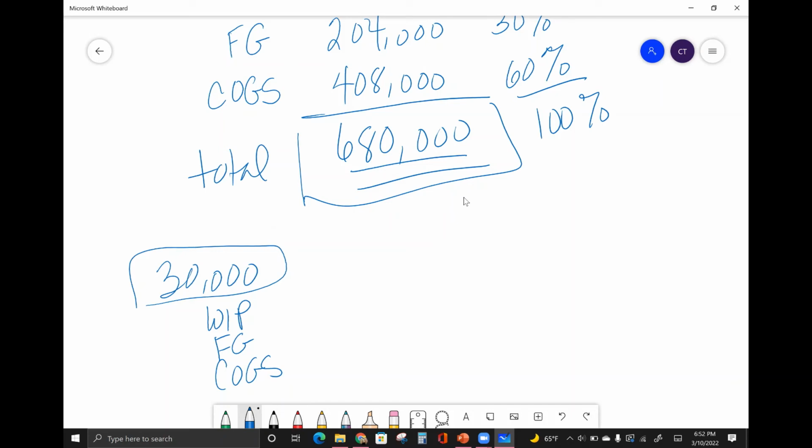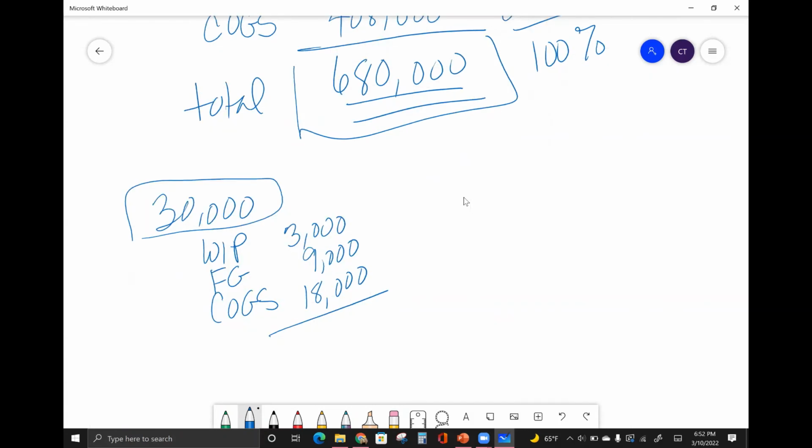So I'm going to do 30,000 times 10% for work in process, times 30% for finished goods, which was 9,000, and then 60% for cost of goods sold. And that's my 30,000. Okay, so not too bad, right? We just have to look to see what were the totals in each one of those accounts and figure out the percentage, and then go back to what was the over or under. Take that amount and allocate it by those percentages.